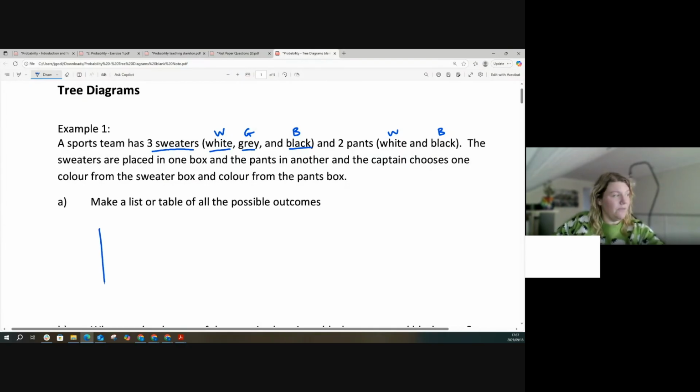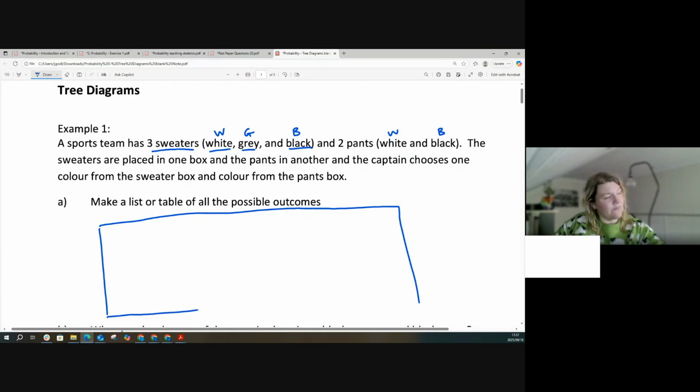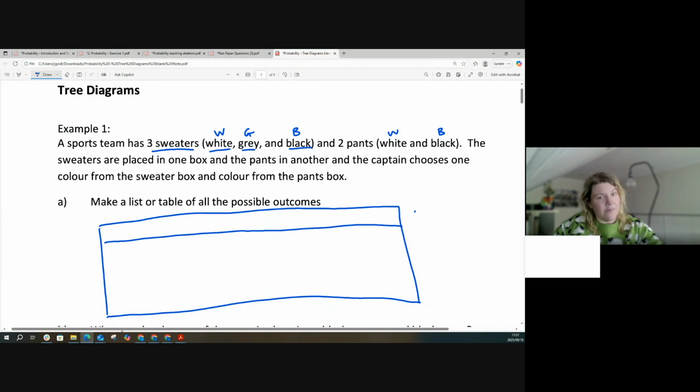So what we've got going, these are our sweaters. So we've got 3 options for our sweaters.